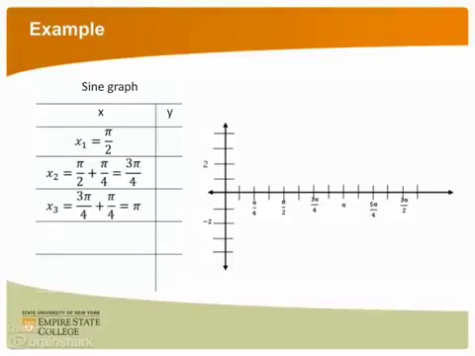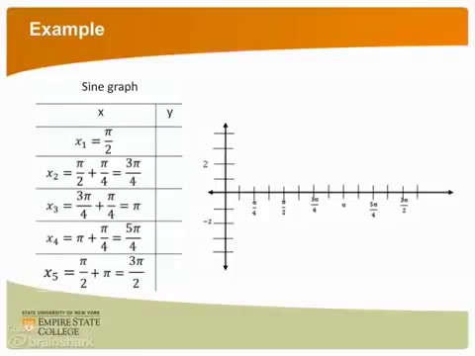We add pi divided by 4 to our previous x value, which simplifies to pi. Repeat the process, and we wind up with 5 pi divided by 4. Our final x value is the phase shift plus the full period, or pi over 2 plus pi, which equals 3 pi divided by 2.